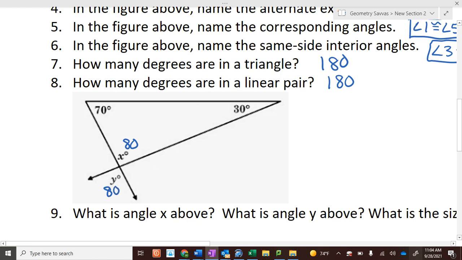What about the linear pair that X makes with this line? That's 100. And the other linear pair, 100. Because these are exterior angles. Now, Y is not an exterior angle. It's a vertical angle. There's a difference between exterior angles and vertical angles. Know the difference. Okay?